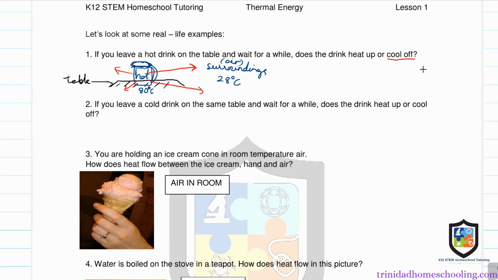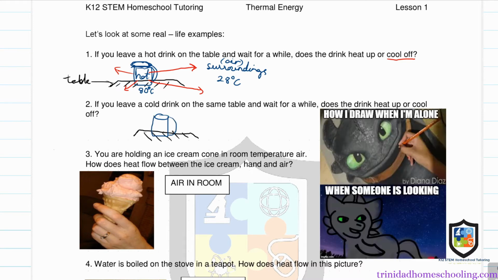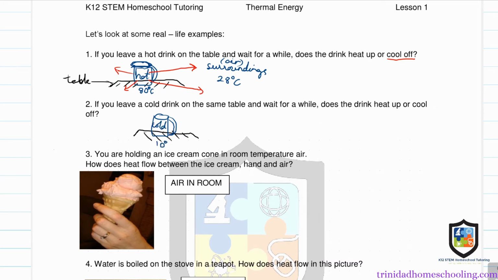Now, example 2. If we leave a cold drink instead on the table and wait for a while, what will happen? So here I have my table again and my mug. Don't laugh at my drawing. This is a cold drink at 10 degrees Celsius, and I have the same surroundings.